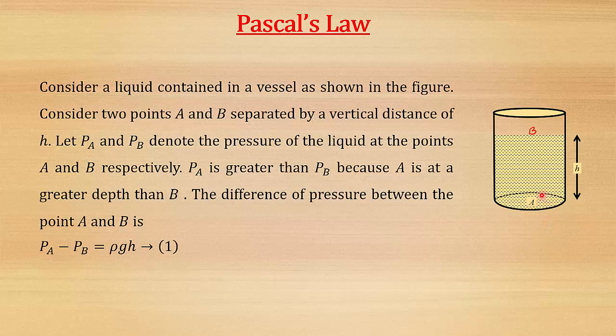The difference of pressure between these 2 points is given by PA minus PB, higher value minus lower value. PA is greater, so PA minus PB is equal to rho g h. This is the difference between A and B pressures.